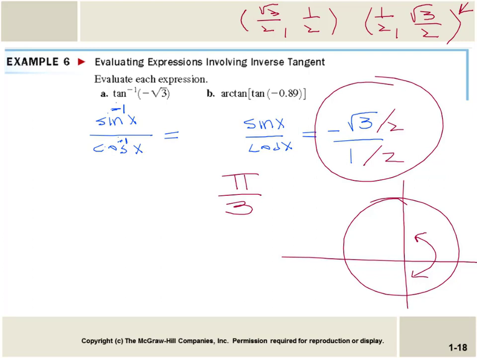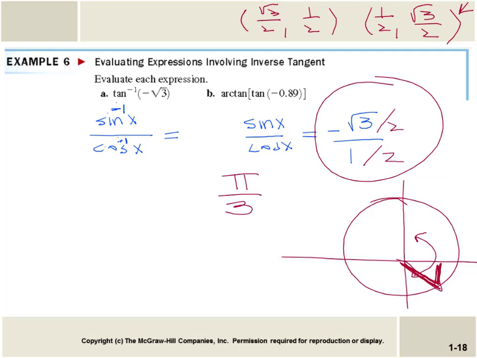Do you know? I don't want to put you on the spot if you don't know. I'm trying to walk you to it. What quadrant does it have to be in? It can't be in quadrant 1 because in quadrant 1 it's not negative. 4, exactly. So it's got to be in this quadrant. So we know now the quadrant and we know the reference angle. So what's the answer for A?